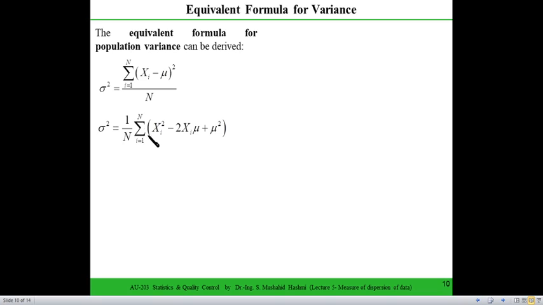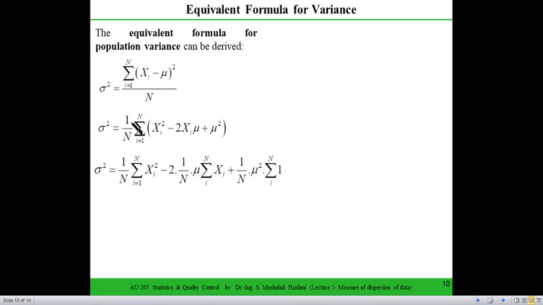Now I need to use my sigma notation, and the sigma is applied wherever there is an index i. So I apply it to this term and to this term. For mu squared, 1 upon N is a multiplier, because we are dividing by N, and mu squared has no index.